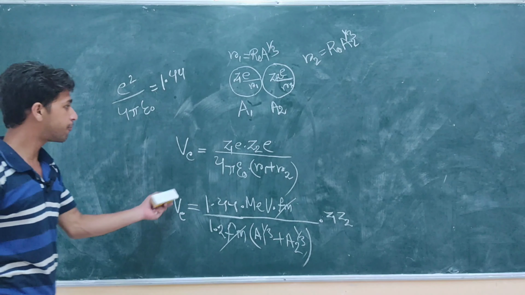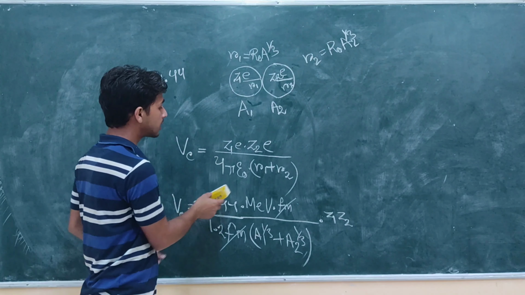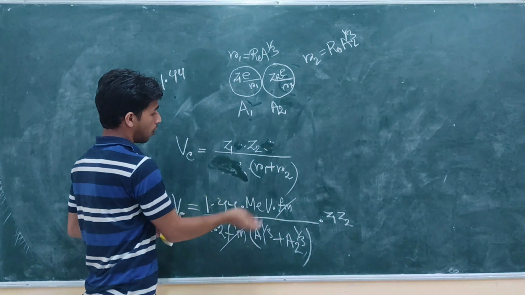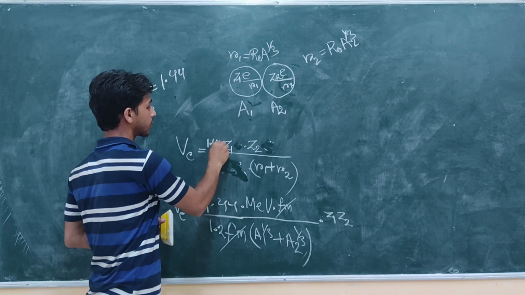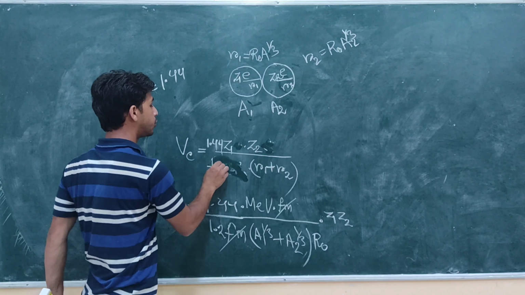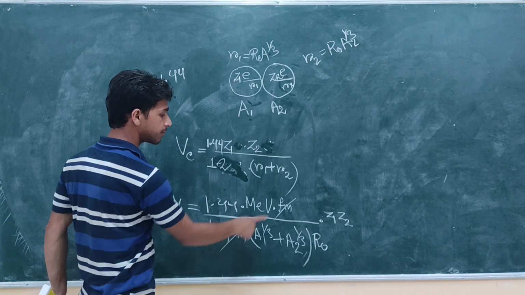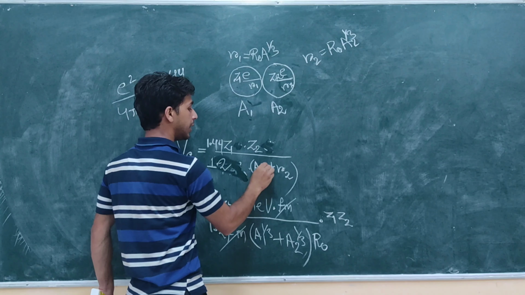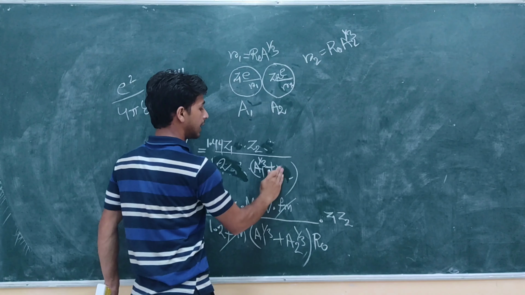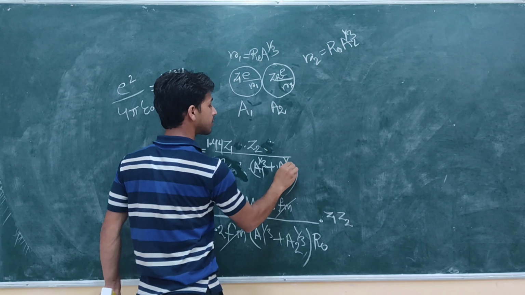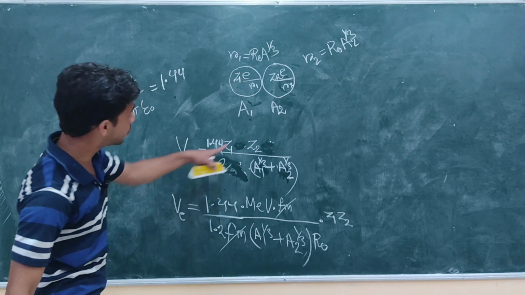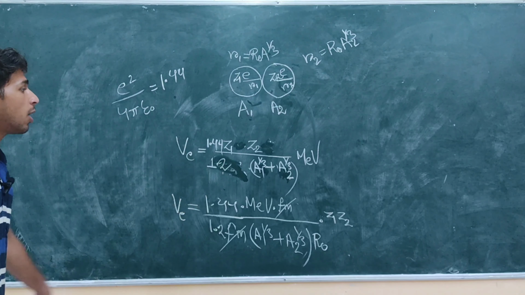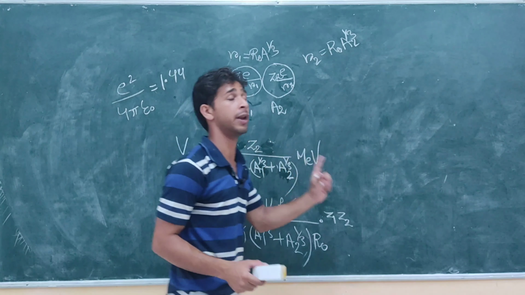So our expression for Coulomb potential can be written as 1.44, with r0 as 1.2 fermi. This fermi gets cancelled, and we have the Coulomb barrier potential given by Z1 times Z2 divided by (A1 to the power 1/3 plus A2 to the power 1/3) MeV. This is our expression for the Coulomb barrier during fusion.